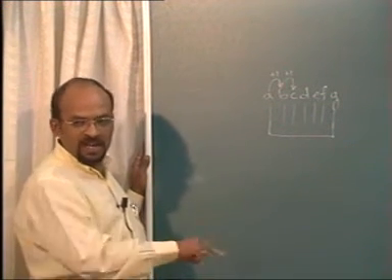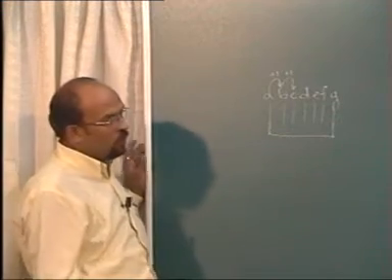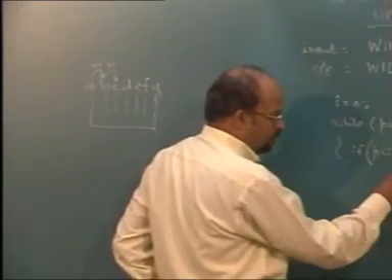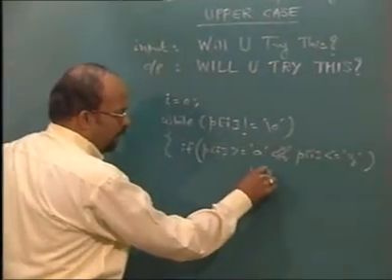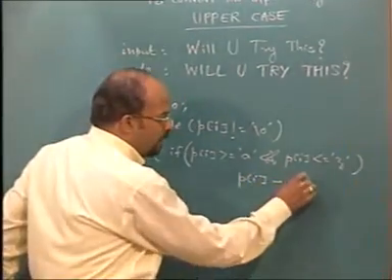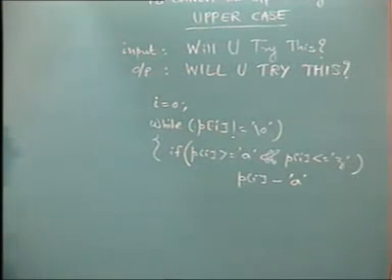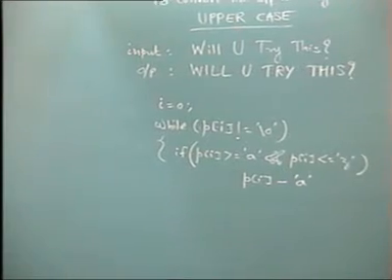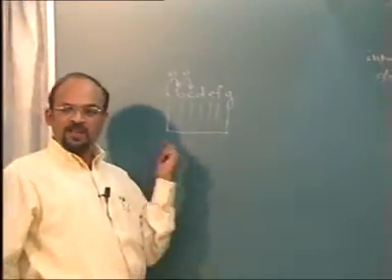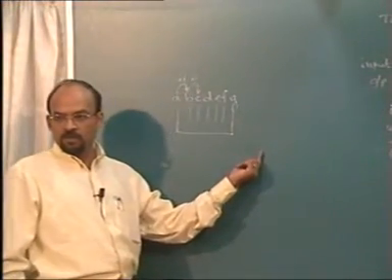Na? So what I will do here is I will say from P of I subtract character A. So I am finding the distance of this lowercase character from small a. So for small a it will be 0, for small z it will be 25 or any other value in between. This will be the ASCII value subtraction.